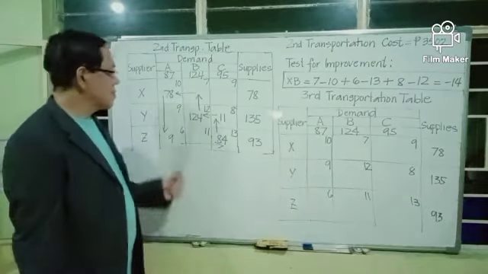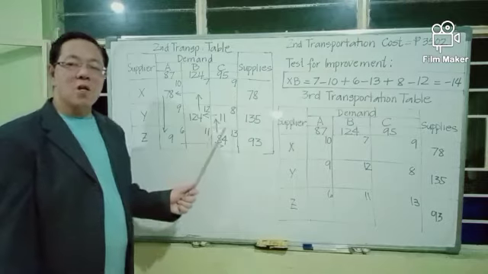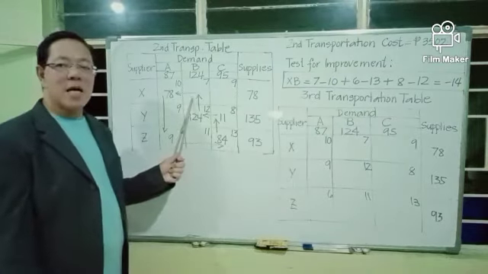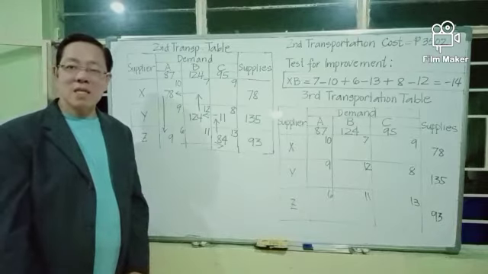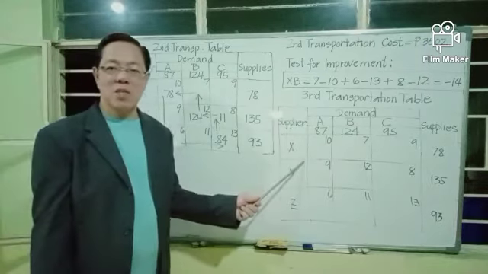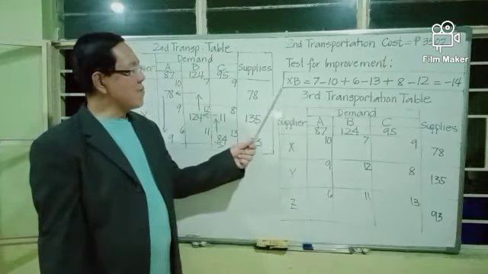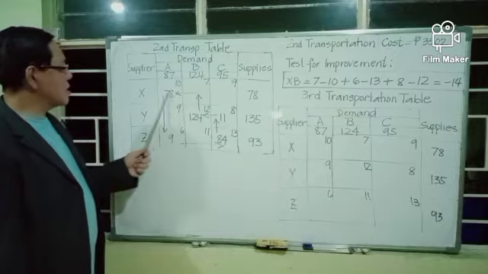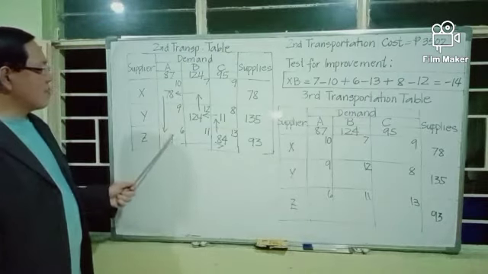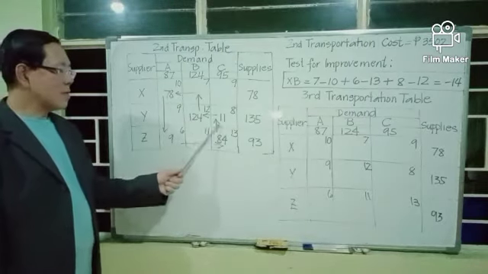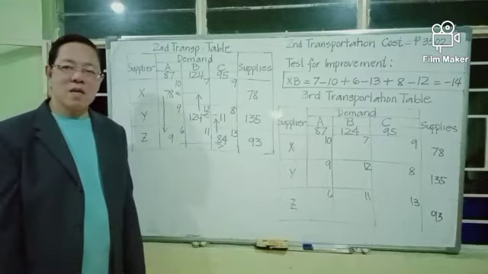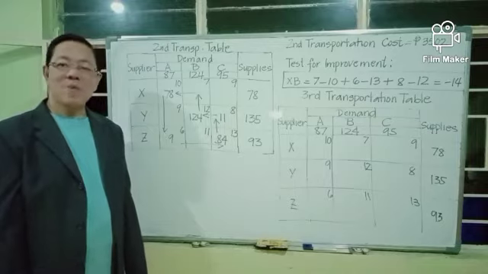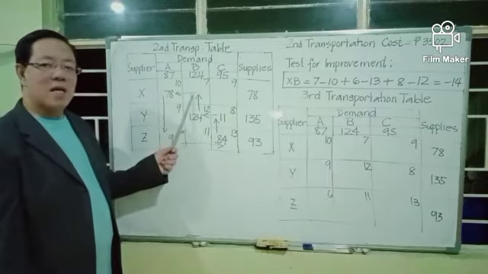Those numbers in the occupied cells that are not in the closed path for the vacant cell XB will remain the same in the new transportation table. But for the vacant cell XB, you can see that all these numbers in the occupied cells are within the closed path for the vacant cell XB.